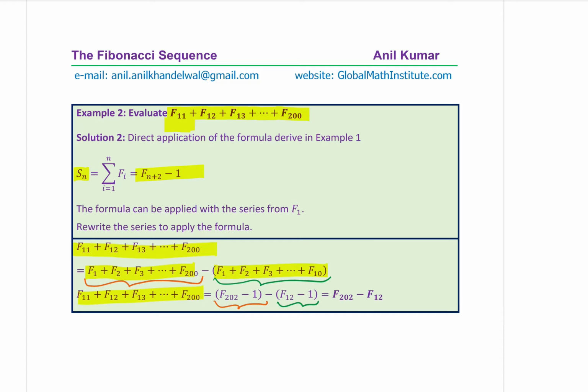And so what we get here is F202 minus F12, correct? So we get our answer, which is F202 minus F12. And that is how we can actually solve such questions. So I hope you understand how we can immediately apply the formula learned to solve some examination style questions, right?